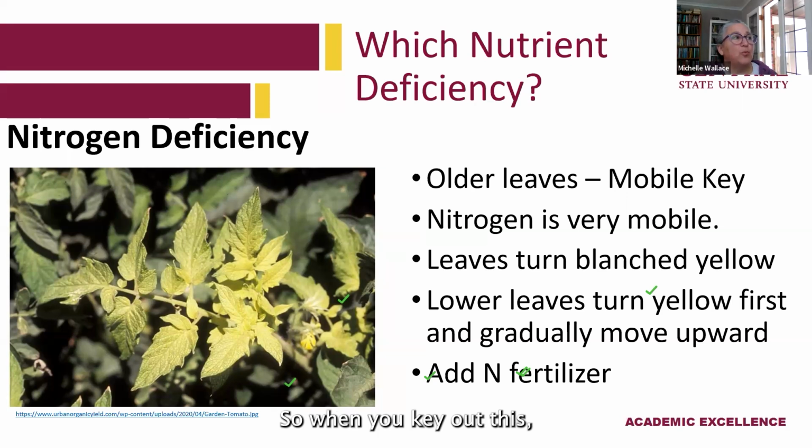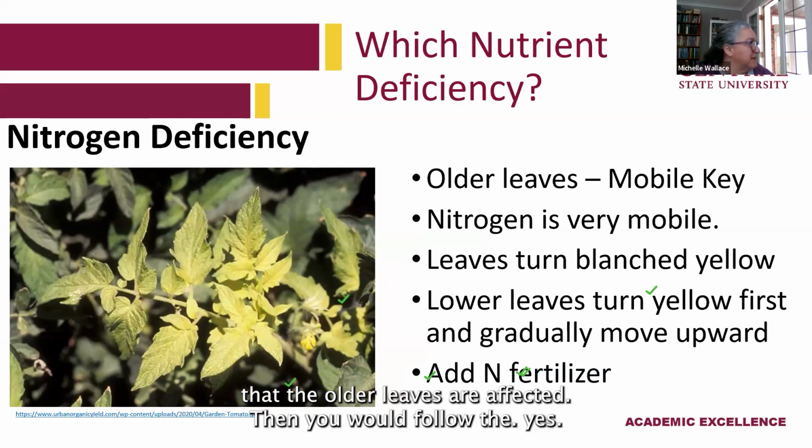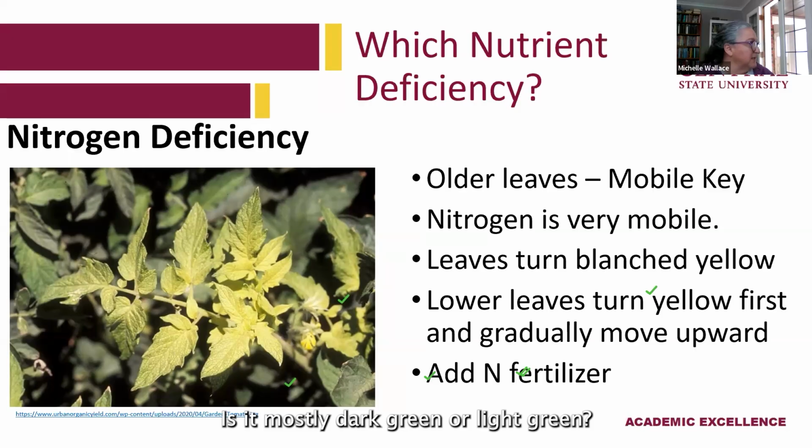So when you key this out, you would look at the mobile nutrient key, and you would start by identifying that the older leaves are affected. Then you would follow the yes line. Is it mostly dark green or light green? You would say light green.